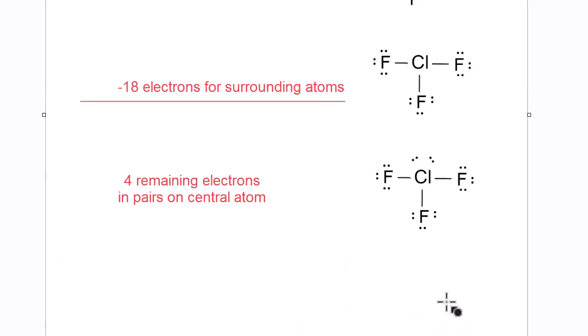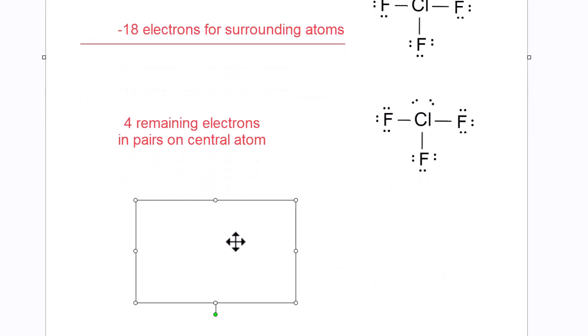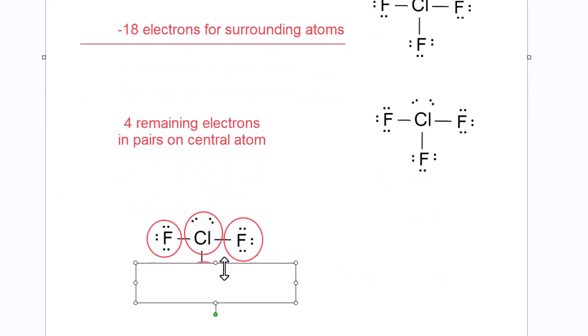In terms of formal charges, well, let's see what we can produce with that. We'd have to circle each one of these atoms, and that's what I've done here. We've put a circle around each one of these atoms to see the electrons that they control. A fluorine has 1, 2, 3, 4, 5, 6, and it has one of the electrons in this bond, 7. Well, fluorine normally has 7, so we're good with that. That's a formal charge of 0. The same will happen with this fluorine. The same will happen with this fluorine. Our chlorine is a little bit different.